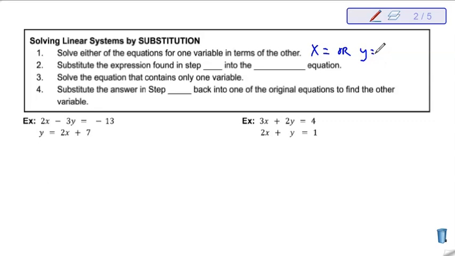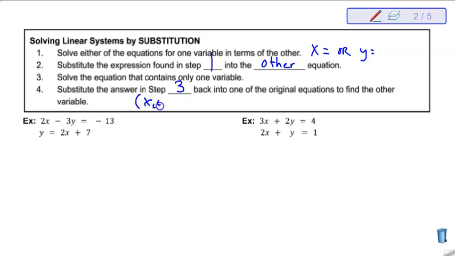Now, number 2, we want to substitute the expression found in step 1 into the other equation. After that, we have an equation that only has one letter in it, so we're going to solve that equation in step 3, and we're going to substitute that answer in step 3 back into one of the original equations to find the other variable.